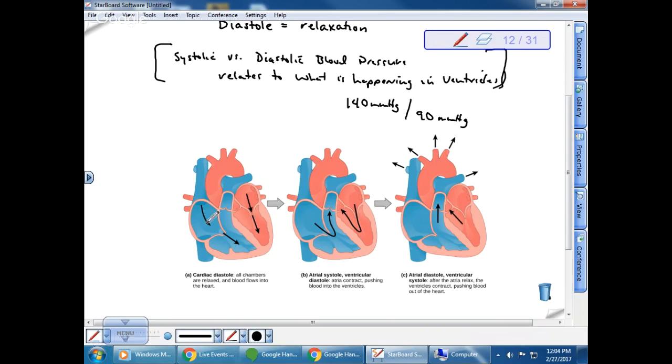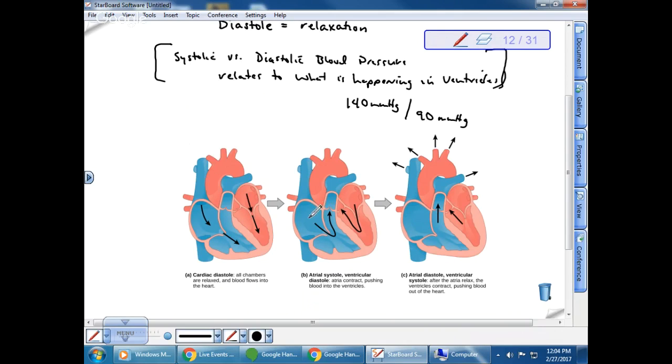So the blood comes in, and then the atria would contract to force blood into the ventricles. And then when the ventricles contract, we want the atria to be relaxed, okay? So there's a cycle of alternating relaxation and contraction of the different chambers.